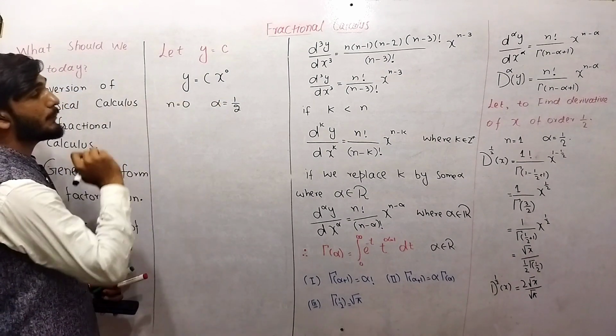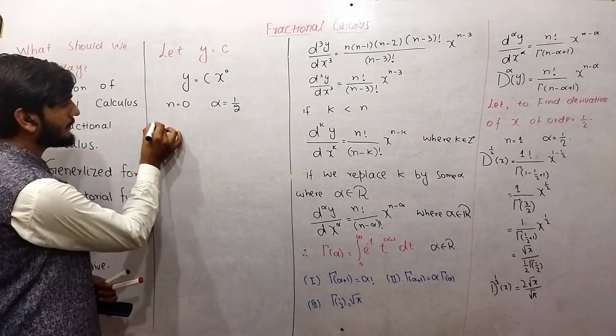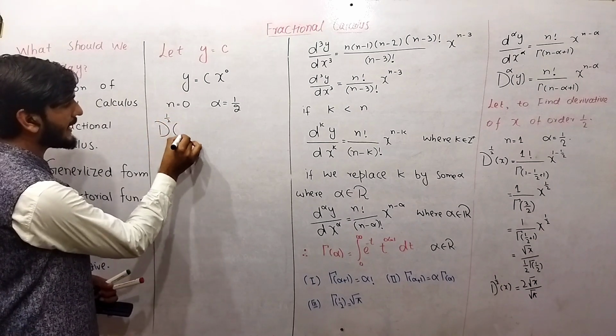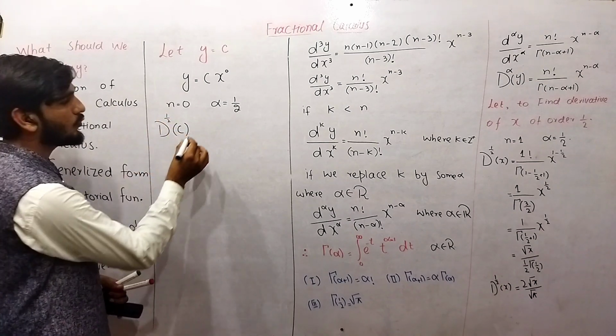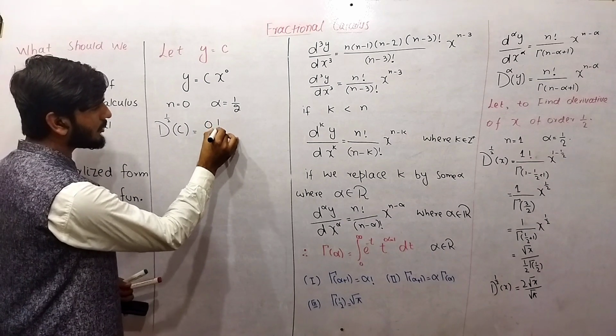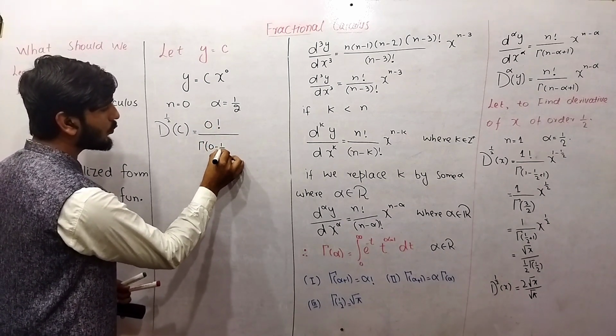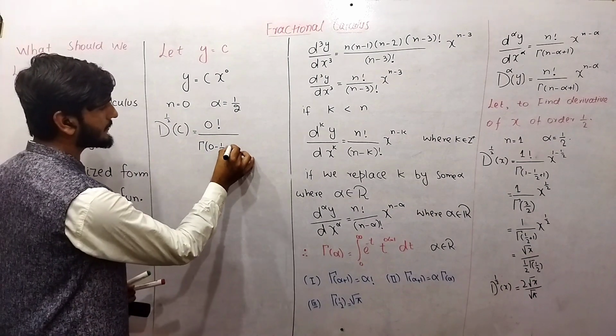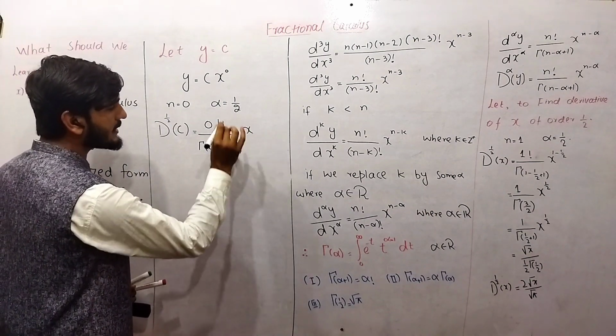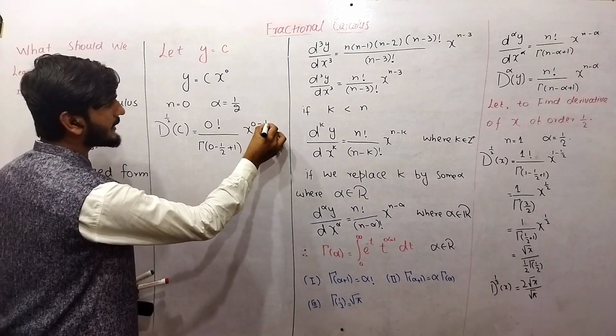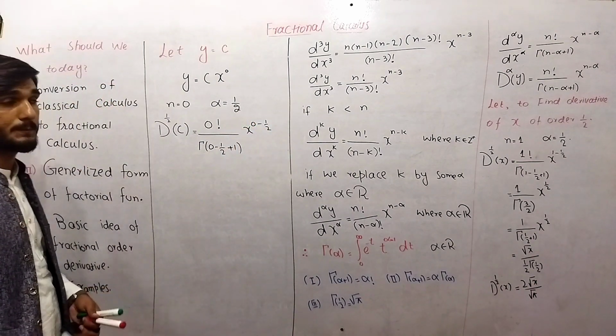Putting the values in the formula, the half derivative of a constant is equal to 0 factorial over gamma of 0 minus 1 over 2 plus 1, times x raised to the power 0 minus 1 over 2.